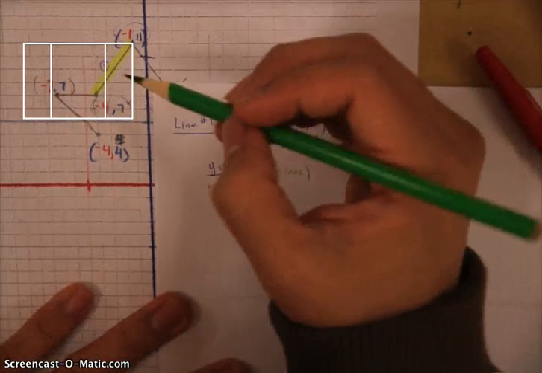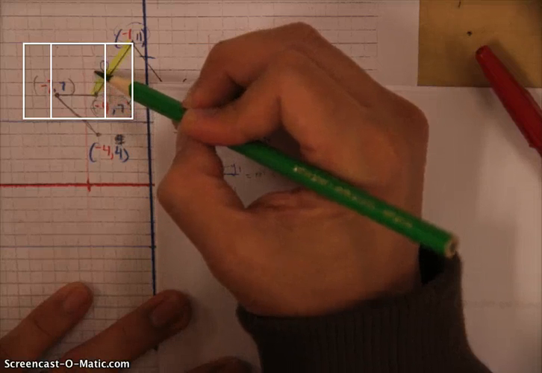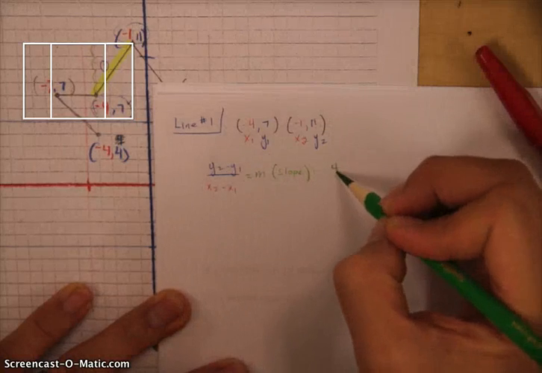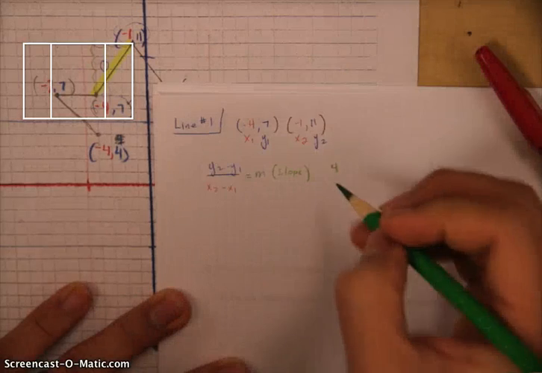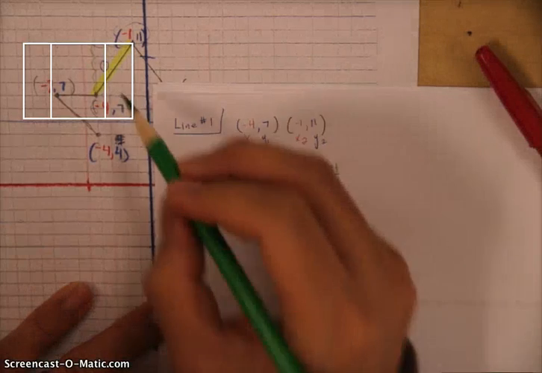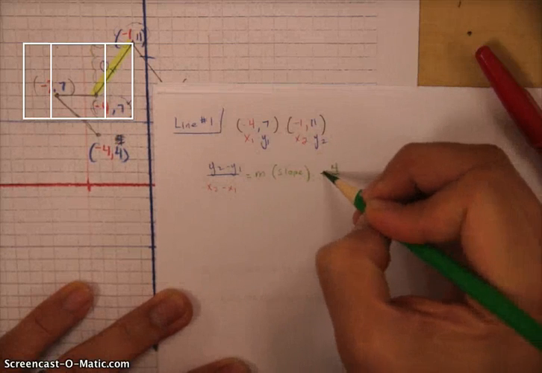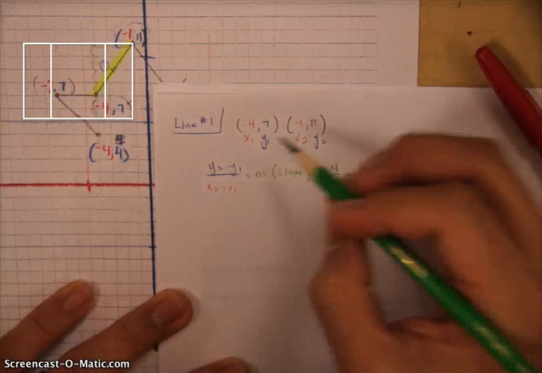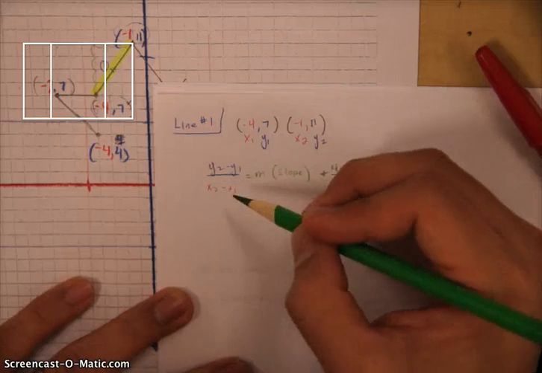If I have a graph, I can find my rise over run, rise being 1, 2, 3, 4, and my run being 1, 2, 3, so 4 over 3, and it's going up, so it's a positive slope. So I have m, an x1, and a y1. I don't really need the other two unless I want to use my formula.